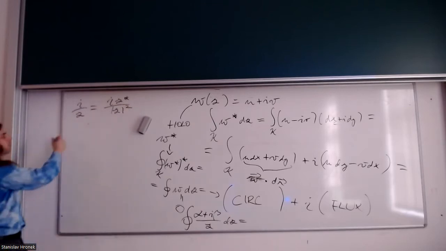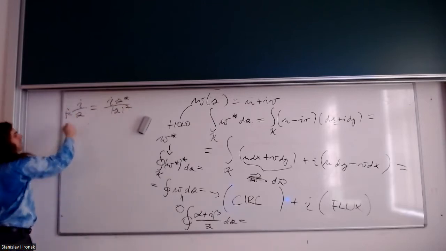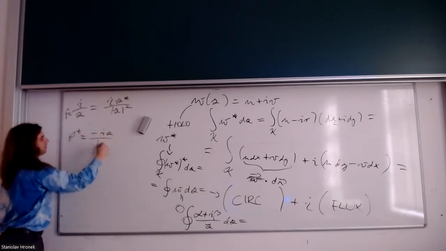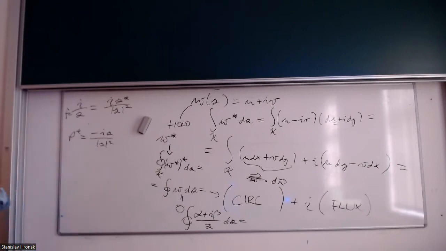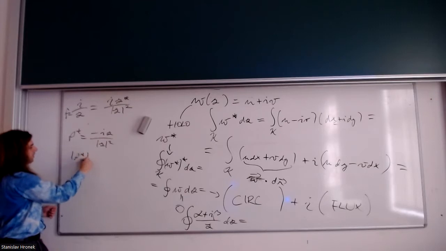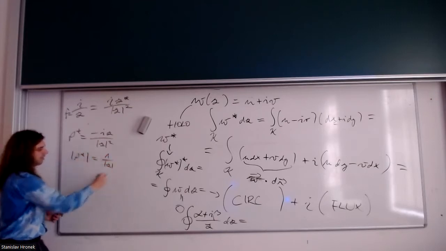And if I do the complex conjugation of this, I will get minus I z over z squared. So the velocity has a magnitude of 1 over z.